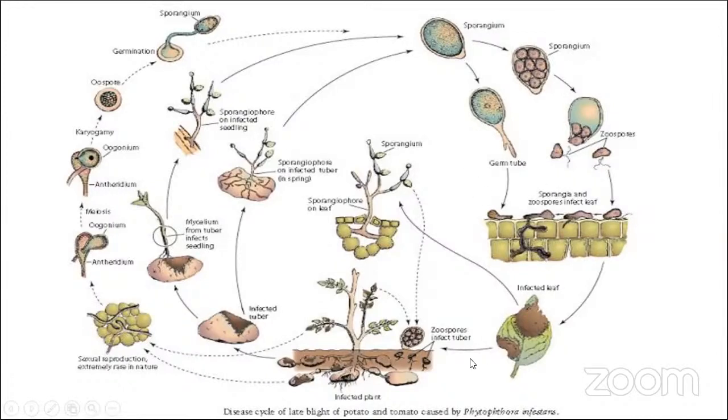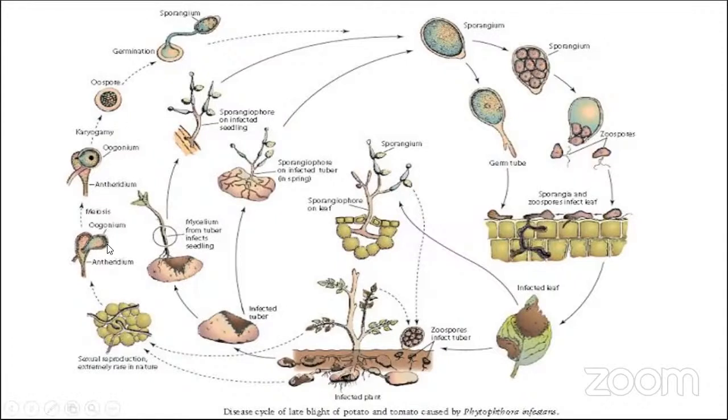In another cycle, the sexual stage of the cycle, zoospores are formed. They are transmitted from one plant to another plant, germinate and cause the infection. In sexual reproduction, two types of mating structures are required, that is oogonium and antheridium. Oogonium is the female structure and antheridium is the male structure.